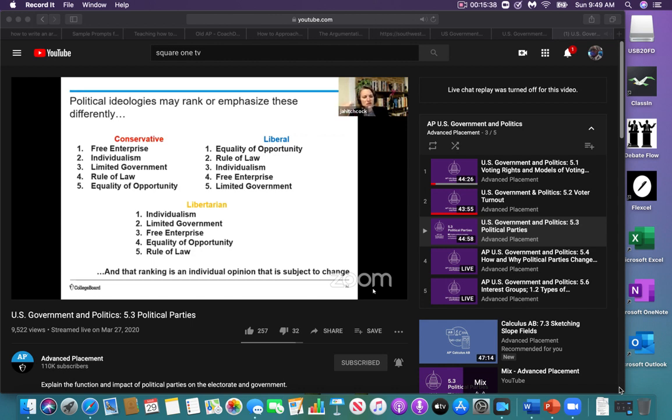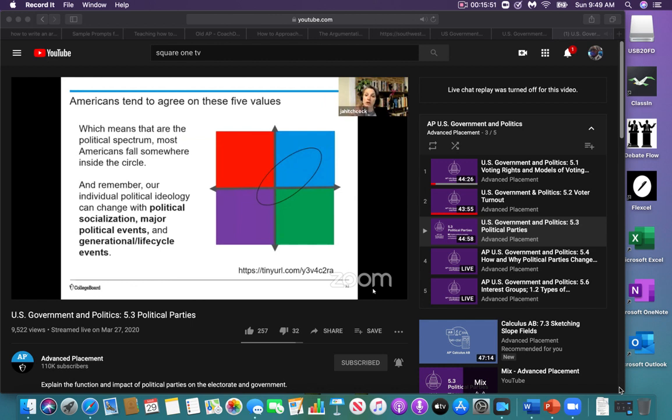So their rankings, their individual opinions, are subject to change, but if we take a look at how most people answer these questions with their political ideology, they kind of flush out like this. So hopefully you took the political compass test, and I always get the feedback that the questions are very interesting.